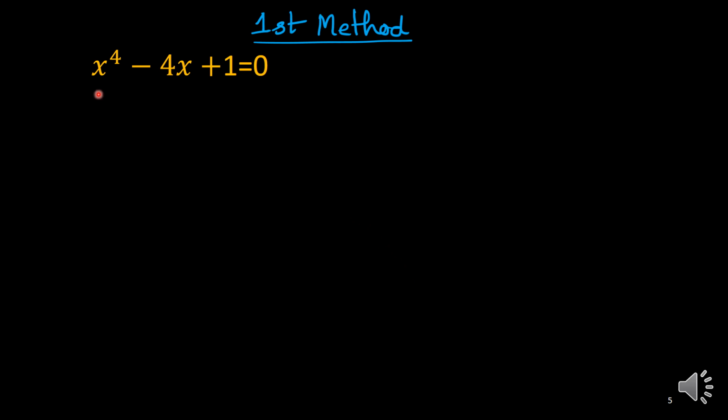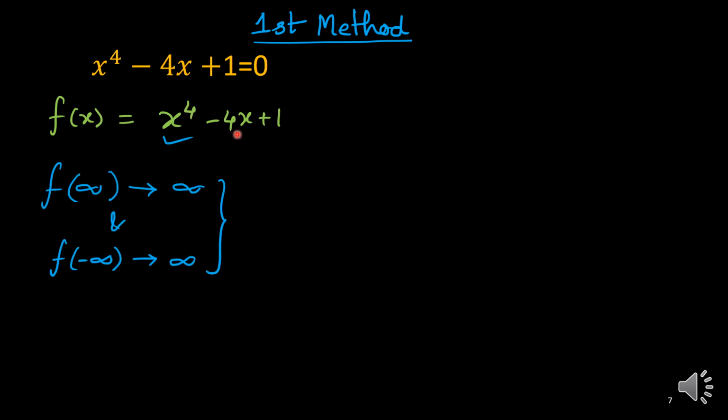Now we have this equation x to the power 4 minus 4x plus 1 equals 0. We will consider a function f of x equals x to the power 4 minus 4x plus 1. As its power is x to the power 4, which is even and the dominating power, at x equals plus infinity, as the sign is positive, its value will be infinite.